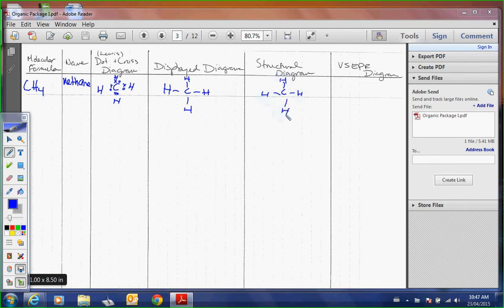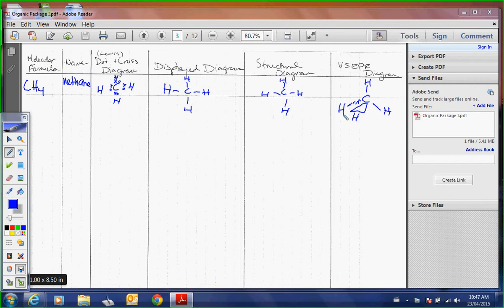And the VSEPR diagram, which is where we kind of stopped, helps you visualize that there's a tripod of hydrogens and one hydrogen on top. So this is a dash going away from you and a wedge coming towards you. And so we built those models yesterday, and I happen to have one right here.